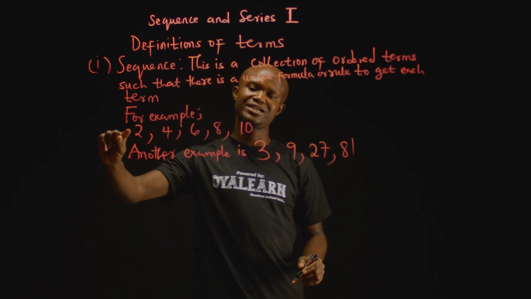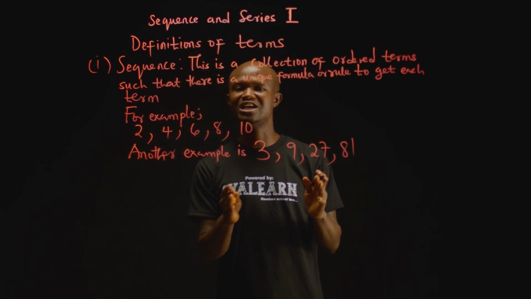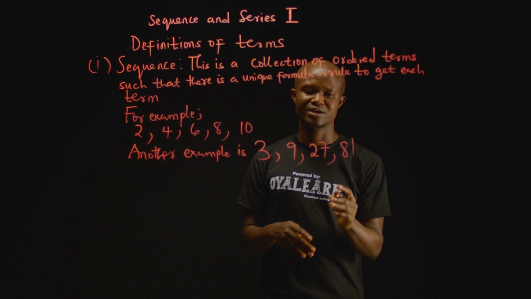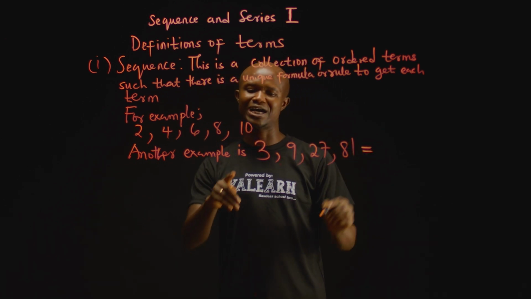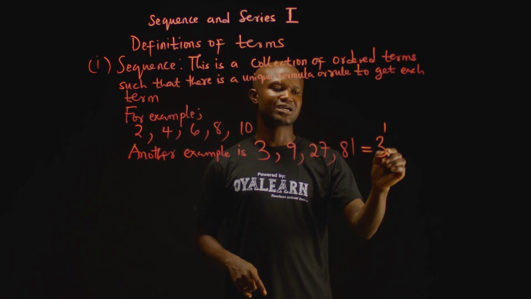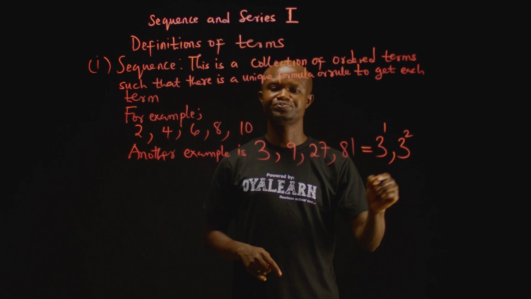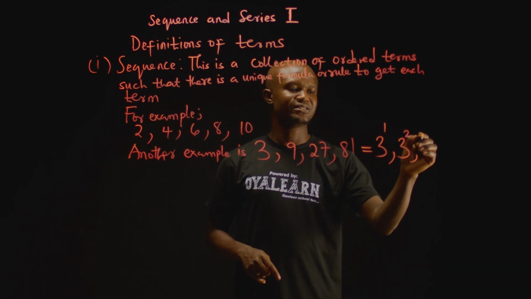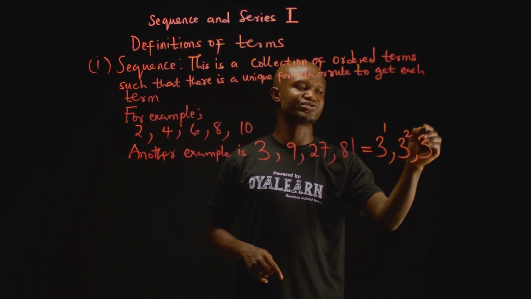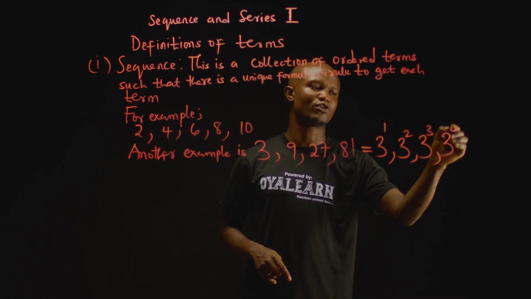This one is like a linear sequence, but this one now is what we call an exponential sequence. We can write this further in the form of 3 raised to the power of 1. Now 9 can be written as 3 raised to the power of 2, 27 as 3 raised to the power 3, and 81 as 3 raised to the power 4.